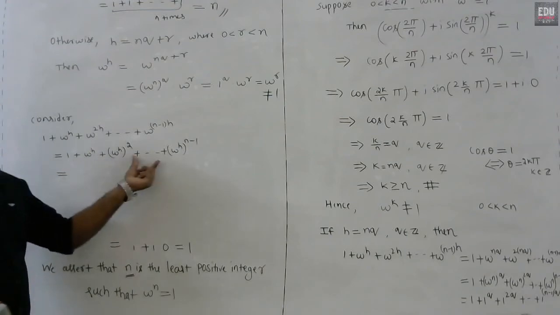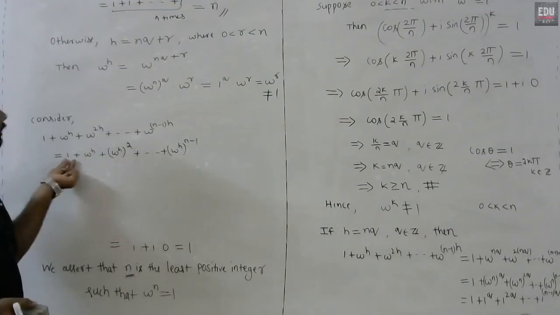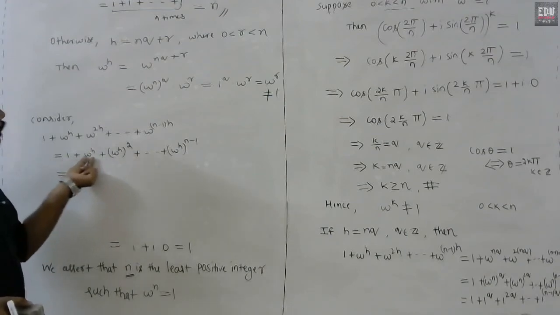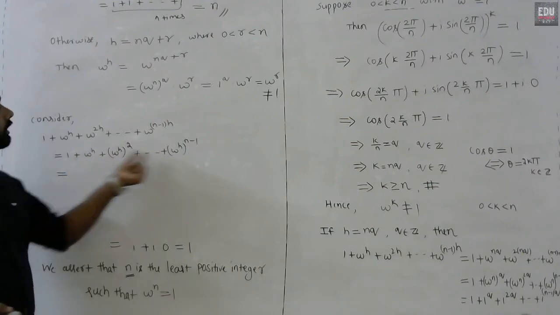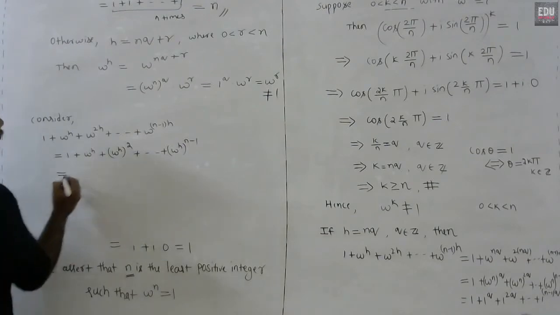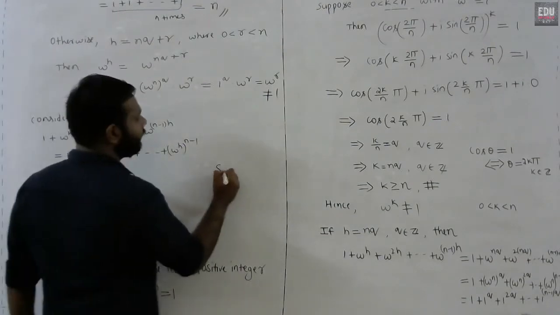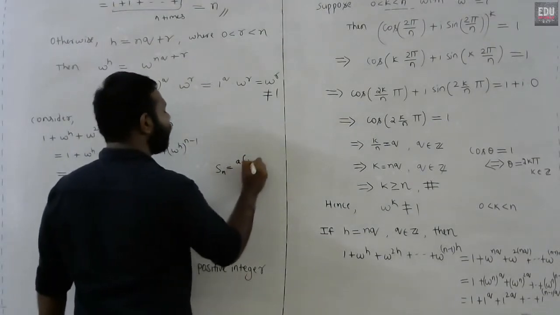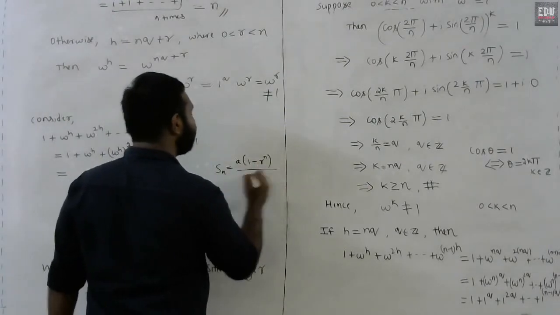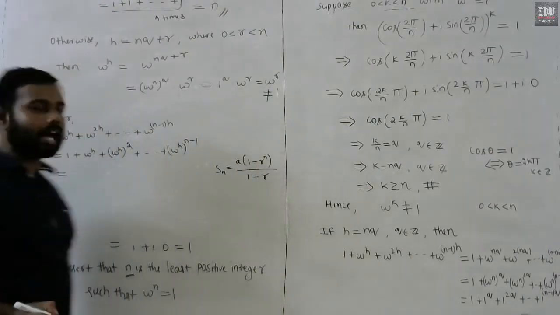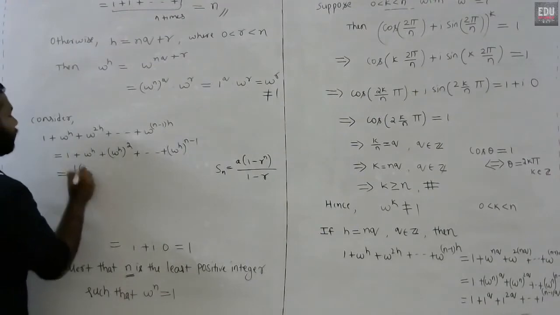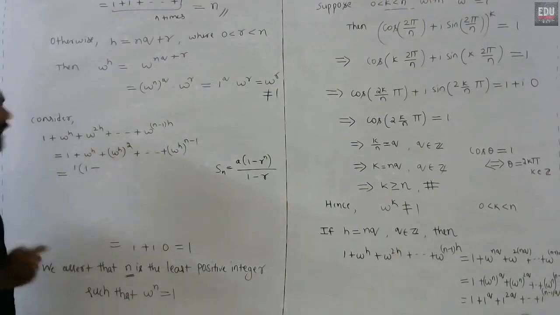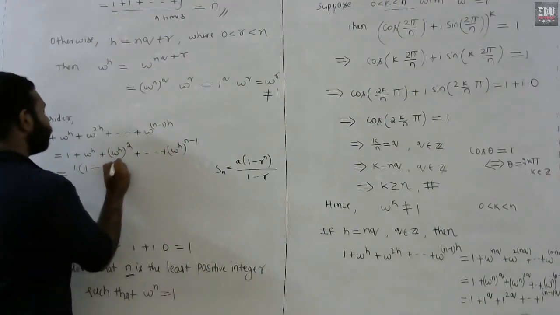Now it is a geometric series with initial term 1, common ratio omega power h, and there are n terms. So their sum will be Sn equals a into 1 minus r power n divided by 1 minus r. So a is 1, r is omega power h.